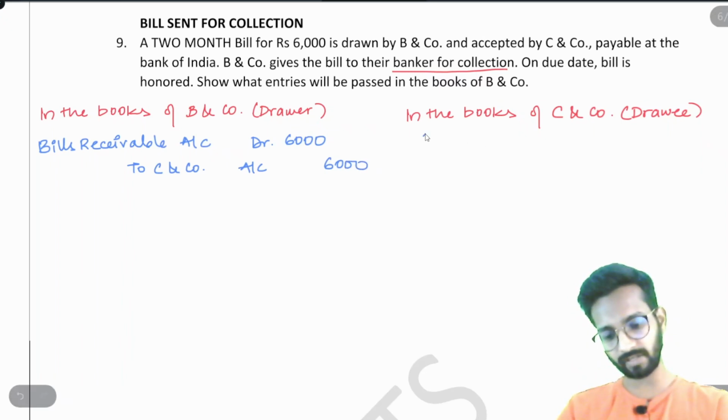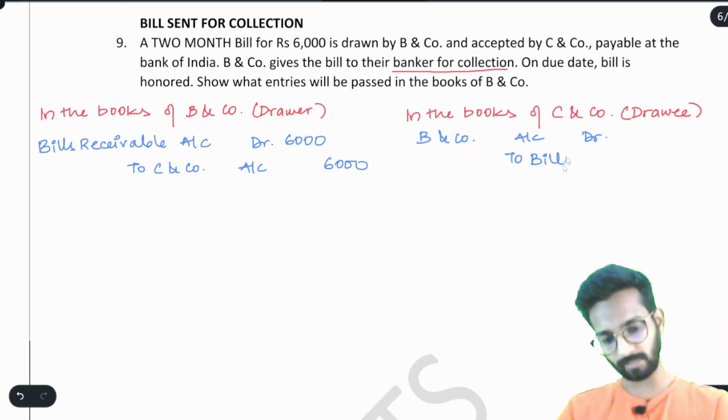C has accepted it, so he will write B and Co. account debited to bills payable because it is a liability for him. To bills payable 6,000. 6,000.